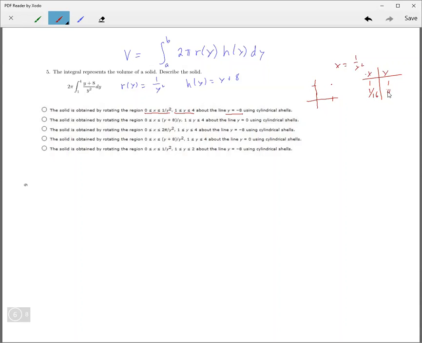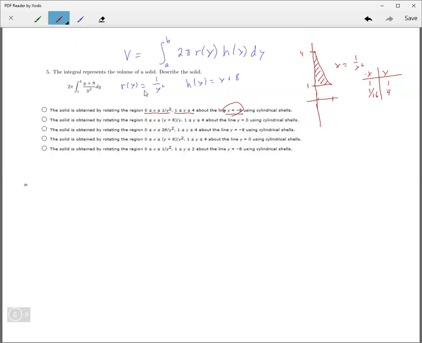And when x is 1/16, y would be up at 4. Okay, so it's gonna be like that, and x is between 0 and that. So it's this region. We revolve that around the line y equals -8. Oh, -8. So that would be way down here. So you're revolving this region right here, getting revolved around like that.